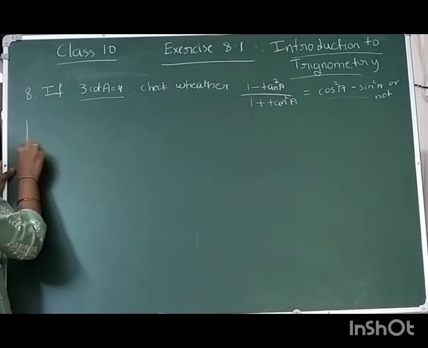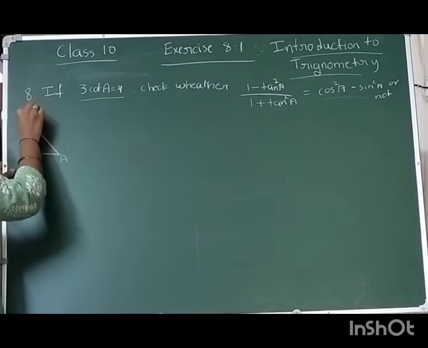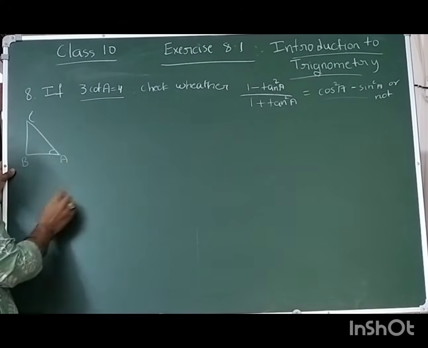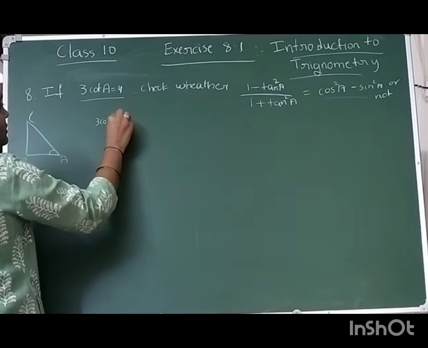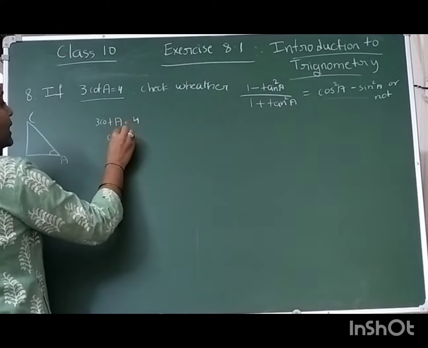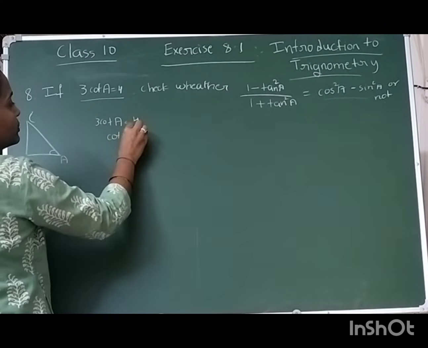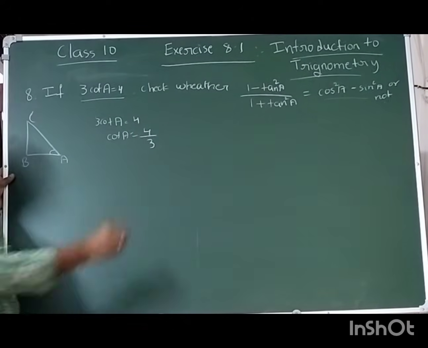So consider a triangle ABC with angle A. Given is 3 cot A is equal to 4. So cot A is equal to 4 by 3. So what's the ratio of cot A?